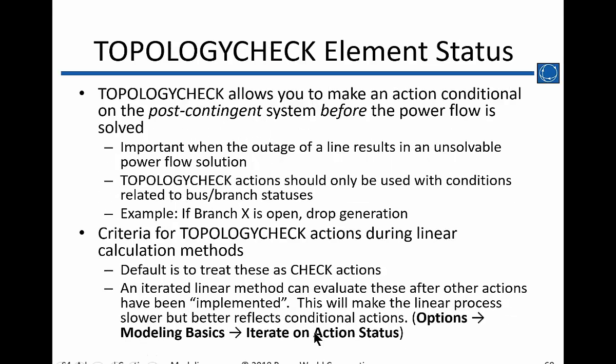A Topology Check, as we mentioned earlier, makes it conditional on the post-contingent state after things like the outages are applied, but before the power flow is solved. So that can be used if an outage results in an unsolvable solution. It'll still then be able to evaluate the conditions and then take the action.